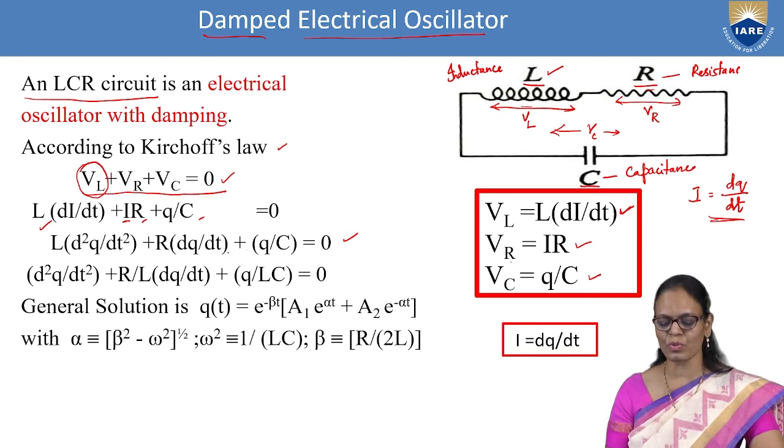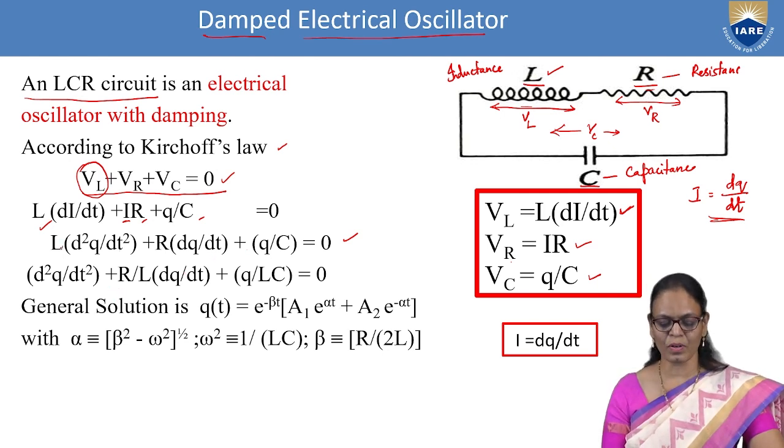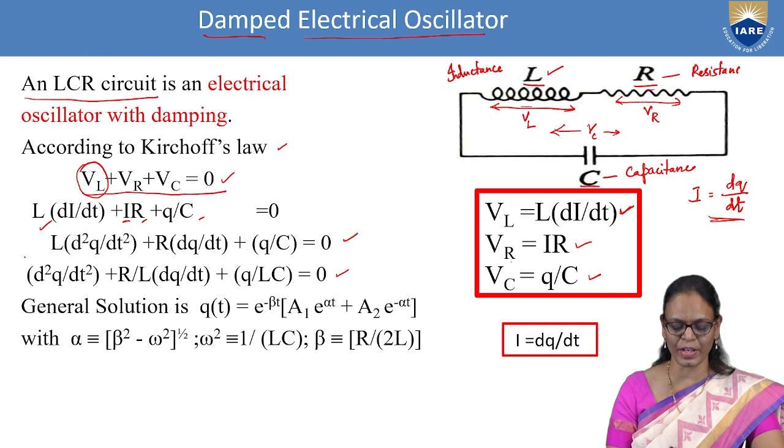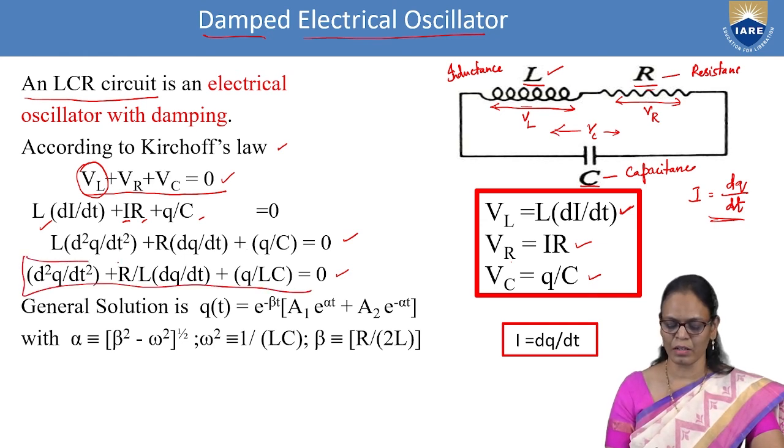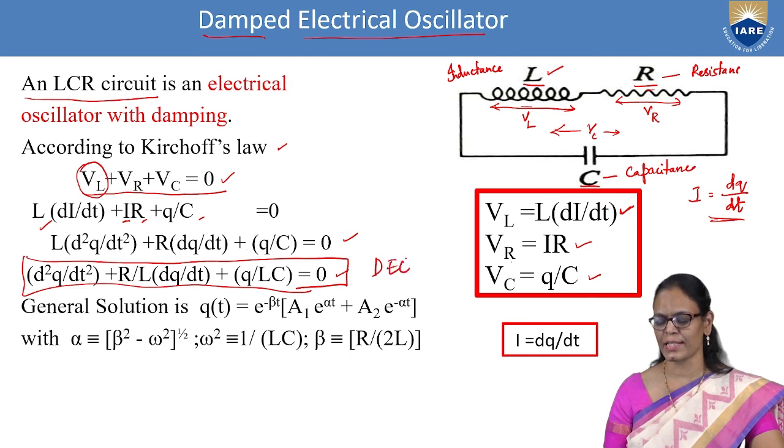Now we will divide throughout by L so that we get a second order differential equation. When we divide throughout by L, we get d square q by dt square plus R by L into dq by dt plus q by LC is equal to 0. This is the second order differential equation, the equation for a damped electrical oscillator.